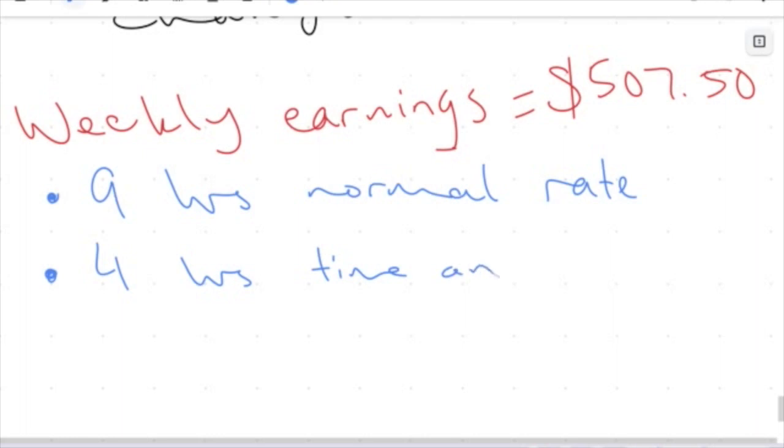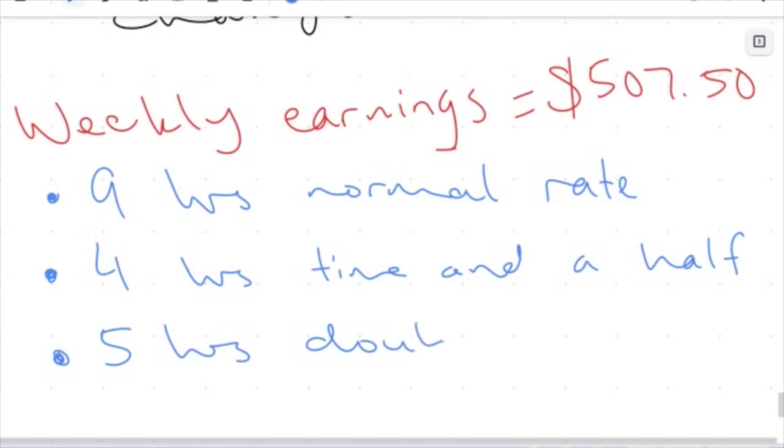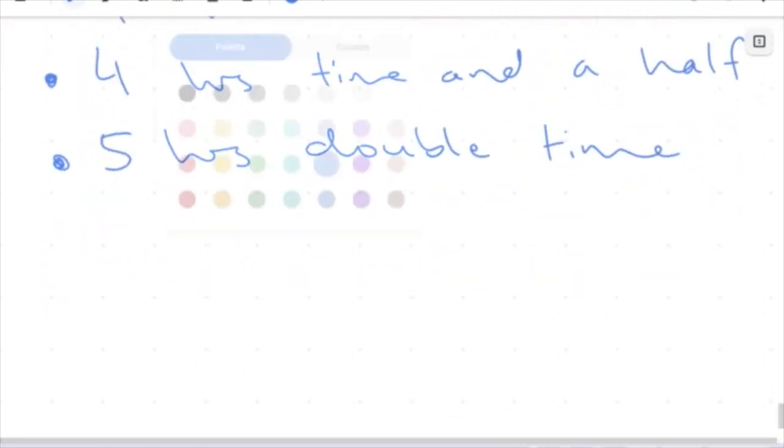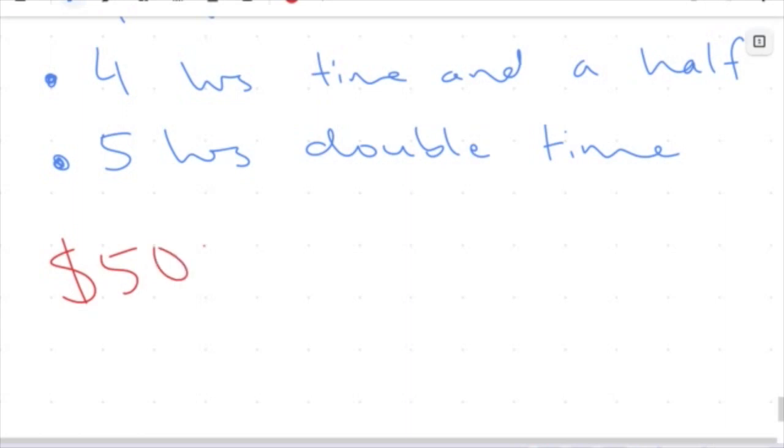And you have also worked 5 hours double time. So we have here that you've made $507.50 per some unknown amount of hours.